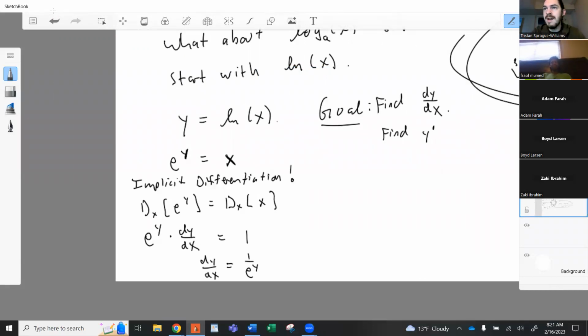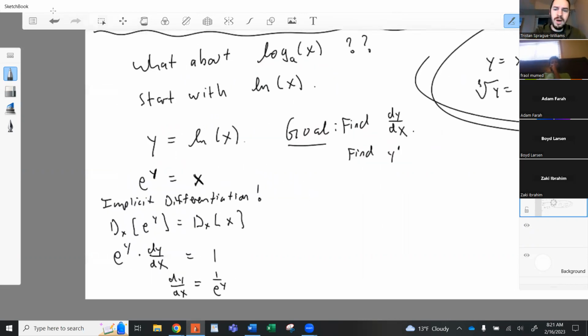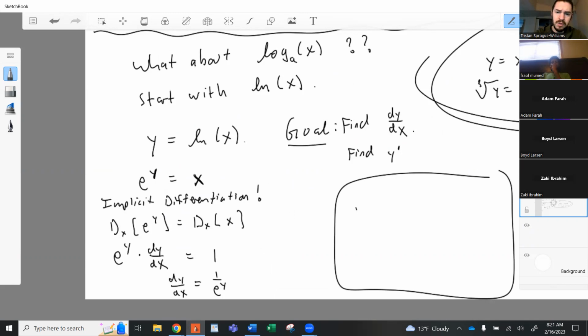This is a very simple algebra, right? Just divide by e to the power x or e to the power y. The problem is now this is not really a very good answer because it's in terms of y, which is not ideal. If we want to have a derivative rule, like the derivative of the natural log of x is blank, usually when we find the derivative of a function of x, we get f prime of x.